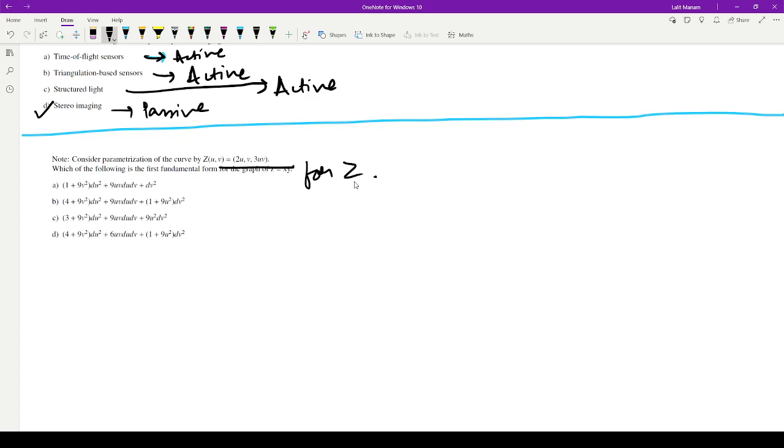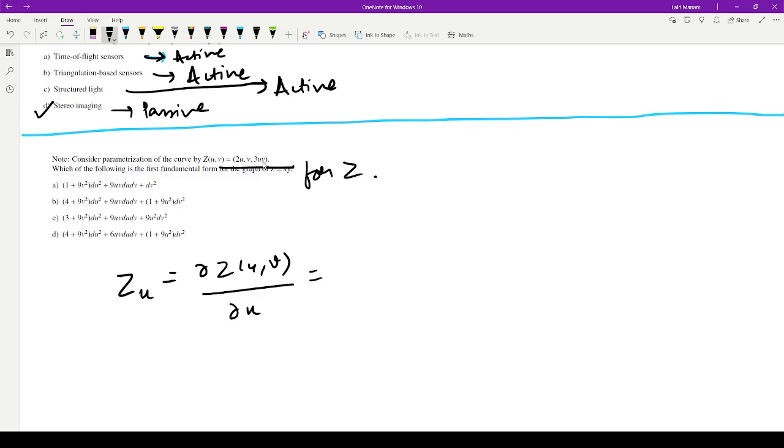So how do you compute fundamental forms? By now it should be a cakewalk, just putting up formulas, right? So first, compute the partial derivative with respect to u.